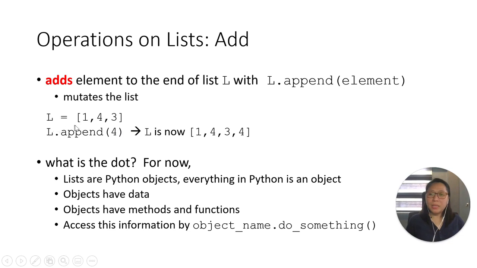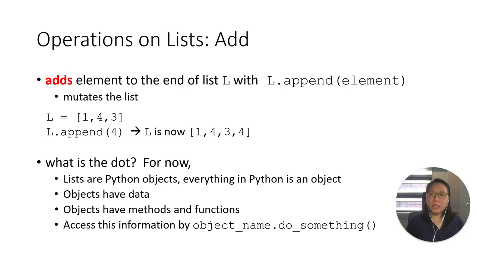So here is an example. Let's say we have the list 1, 4, 3. If we do L dot append 4, L now binds to the same list object that has an additional element with value 4.